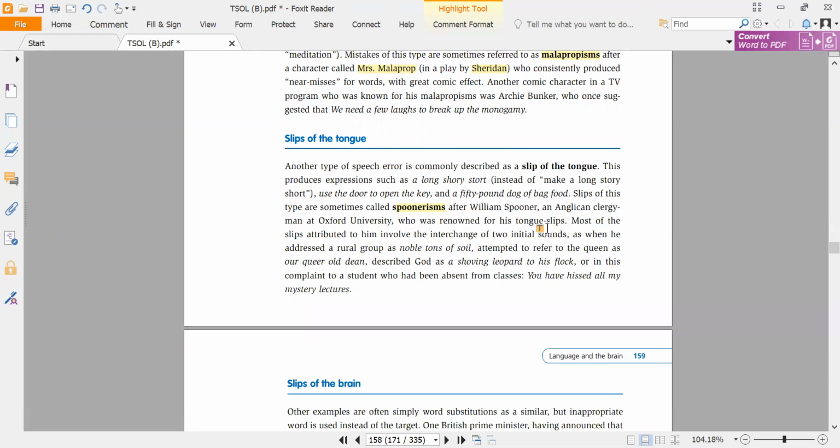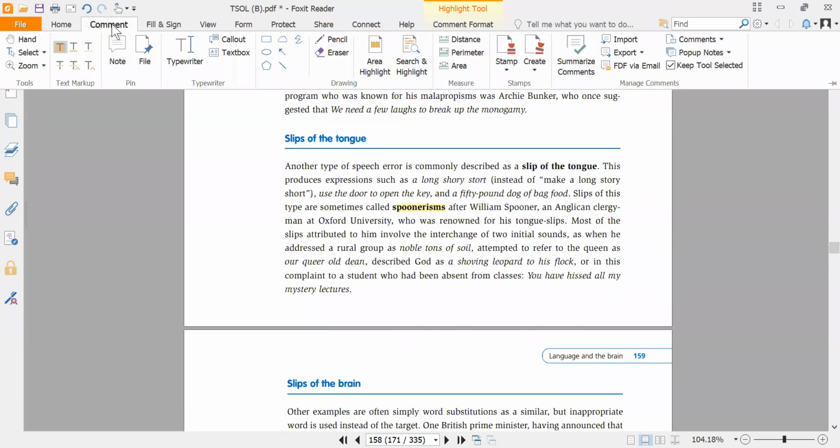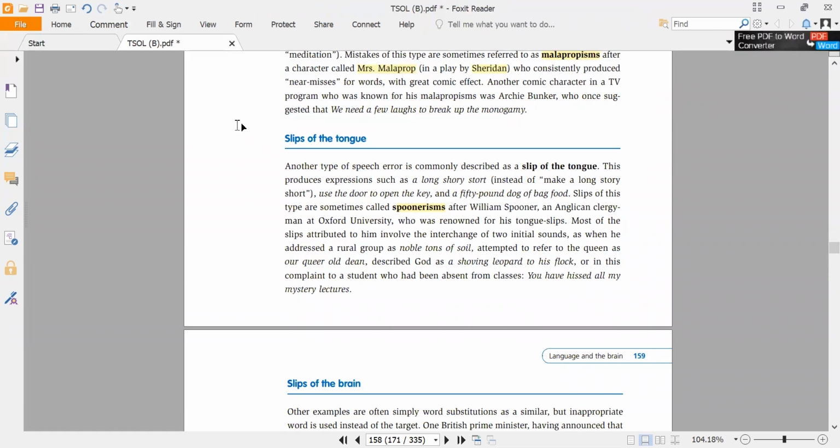Slip of the tongue: when we want to say one thing and we mistakenly utter another, we rearrange the speech sounds of a word, right? It's a situation in which the sounds of words or phrases are rearranged into a different order, you may say.